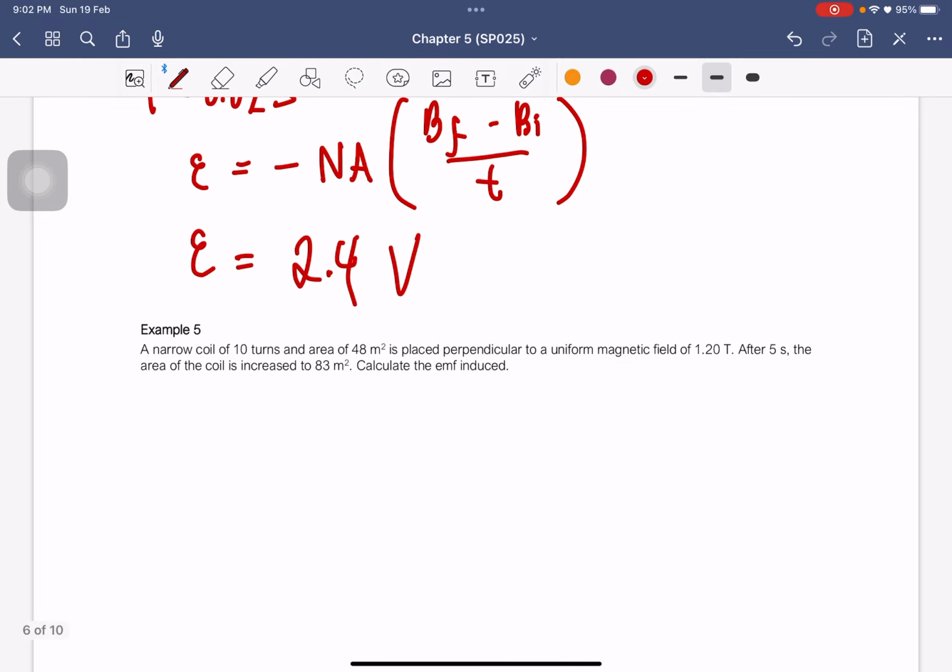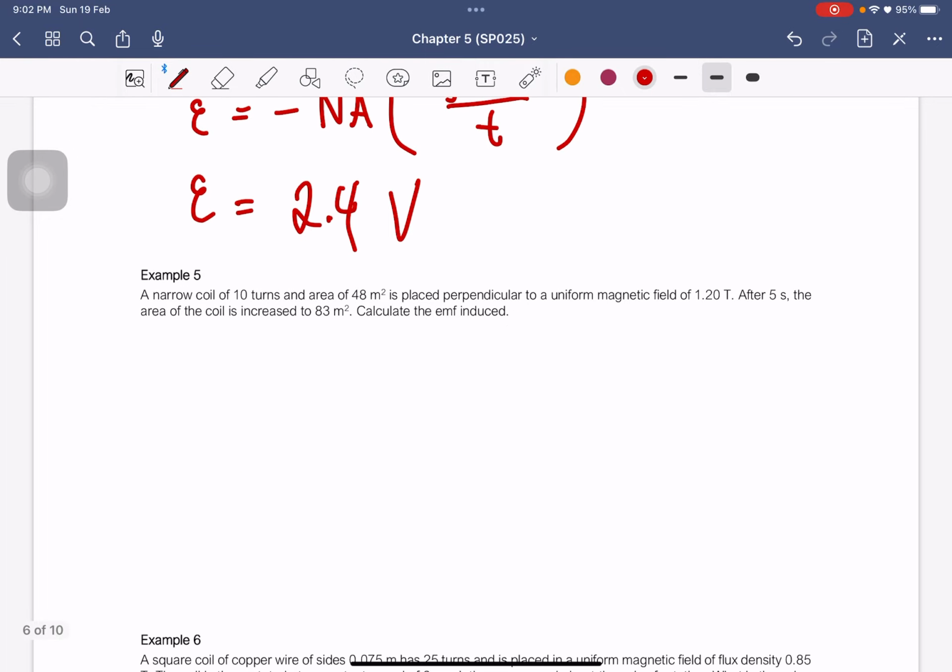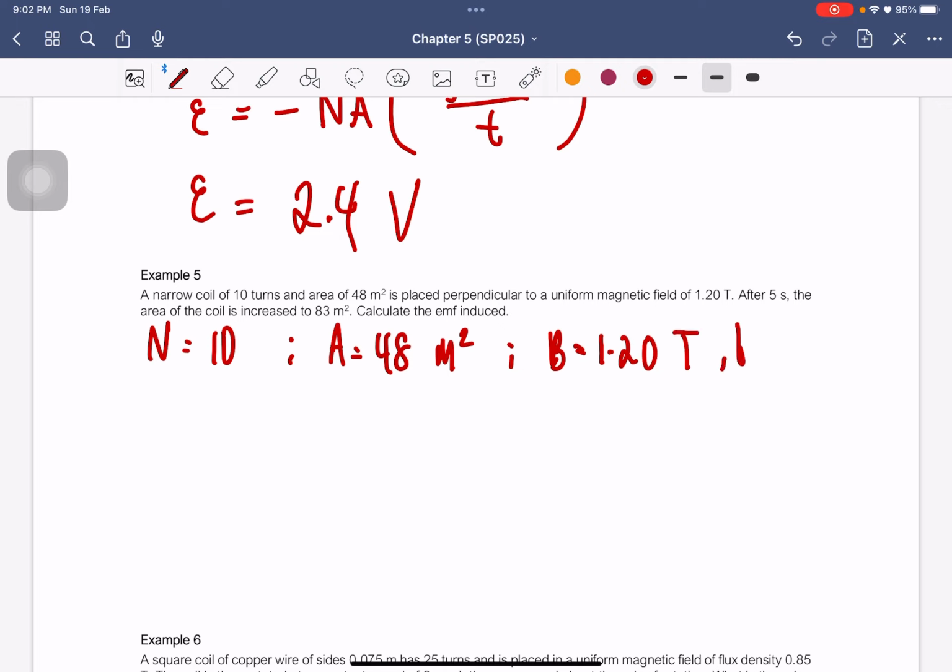Alright, example number 5. We have a narrow coil of 10 turns. Still a coil. Area is 48 meters square, placed perpendicular to a uniform magnetic field of 1.2 Tesla. After 5 seconds, the area of the coil is increased to, so this is the final area, 83 meters square.